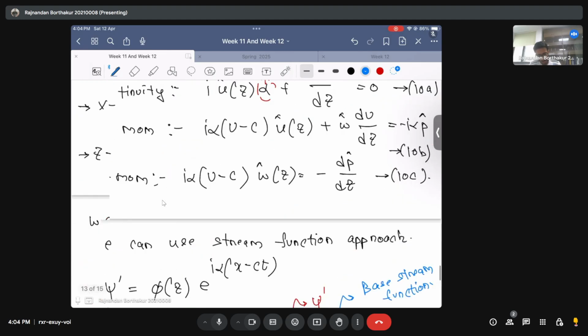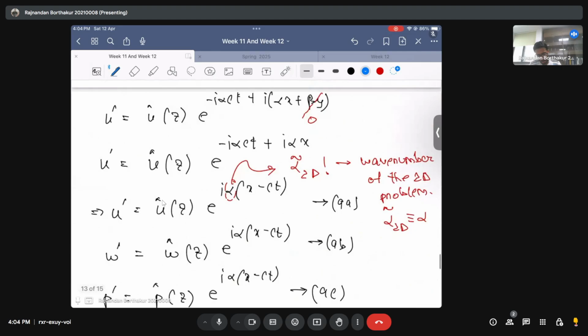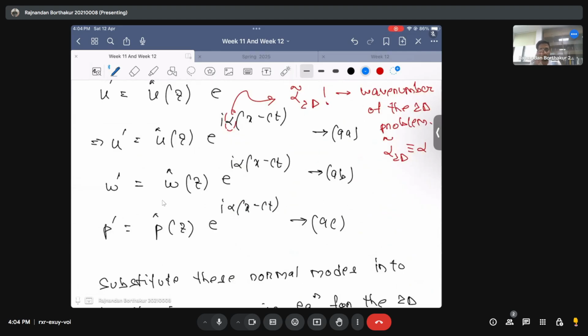Just as a quick recap, what we did is we applied Squire's theorem, wrote the normal modes for the 2D disturbances, and substituted the normal modes into the linearized governing equations of the 2D problem.